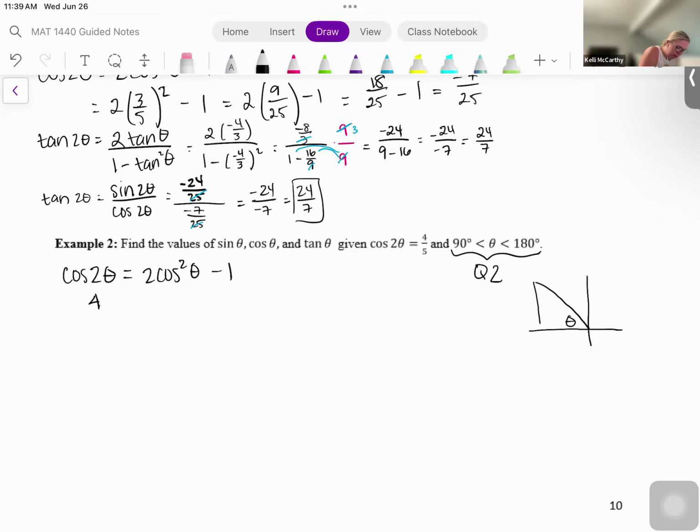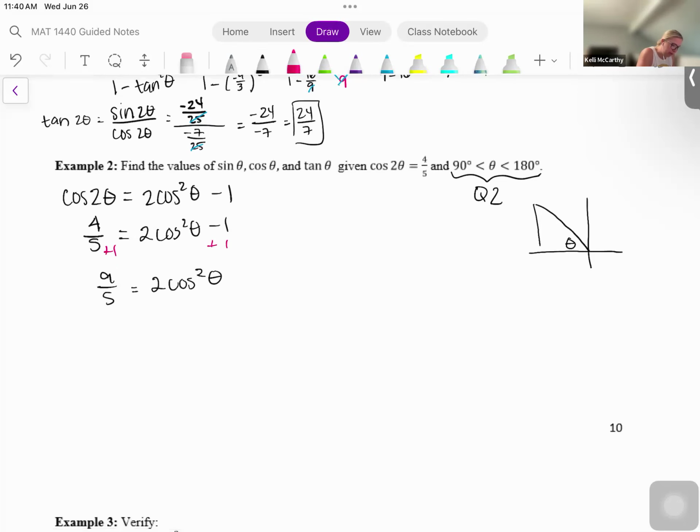So we know cosine of 2 theta, which is 4/5, is equal to 2 cosine squared theta minus 1. We add 1 to both sides. We get 9/5 equals 2 cosine squared theta.